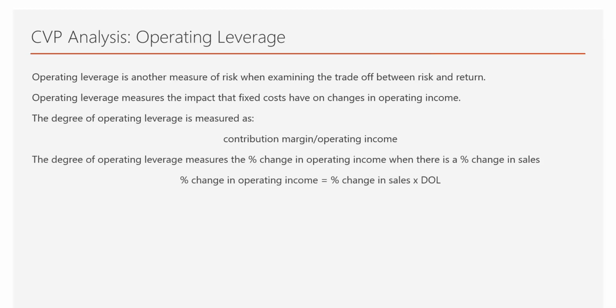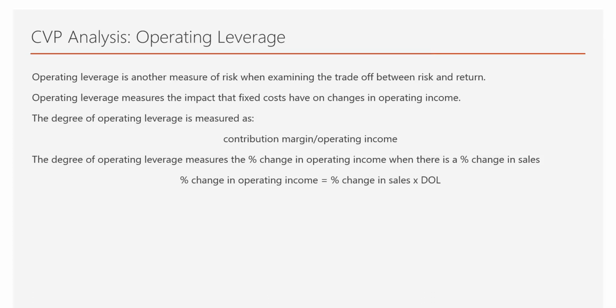And we know how to measure it, contribution margin divided by operating income, but what does it measure? Well, the measurement it actually provides is that the percentage change in operating income when there is a percentage change in sales.